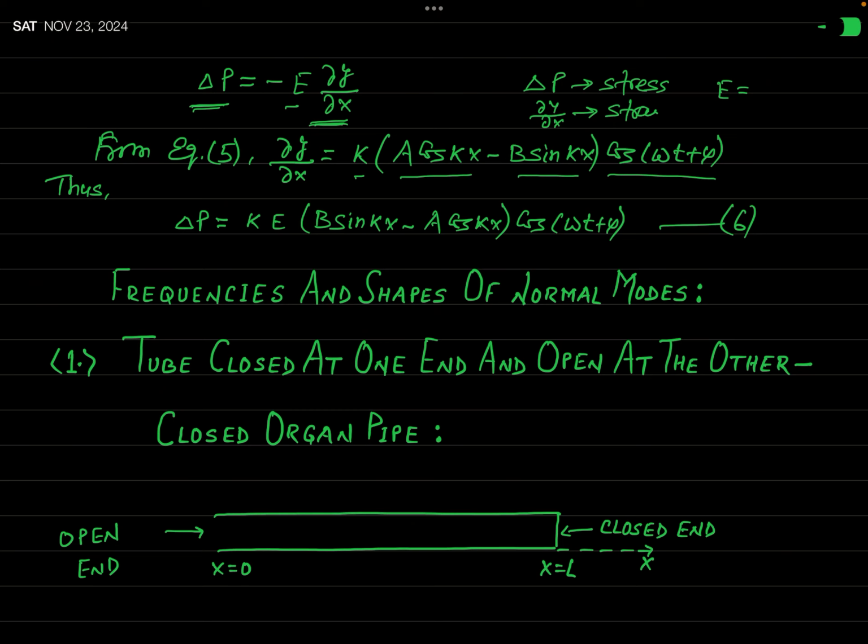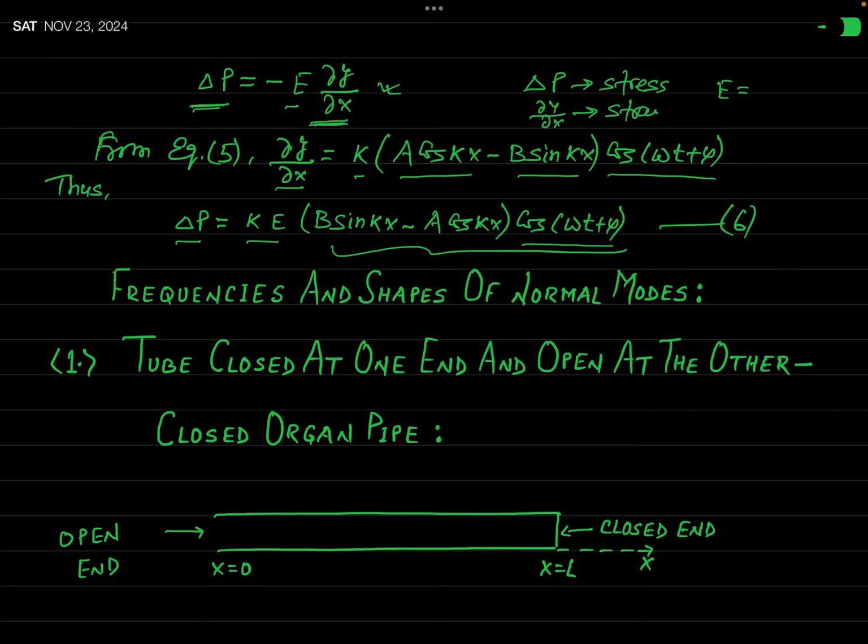Now let us put this value of del y by del x here in the expression for delta P. When you substitute it, you can see delta P will be equal to k times E times this much. Here I have taken the minus sign as a common factor, that is minus 1, so this minus minus will become plus. So delta P, finally, we get, is k times E times (b sin kx minus a cos kx), multiplied by cos(omega t plus phi).